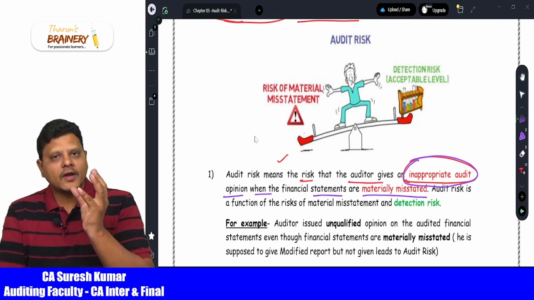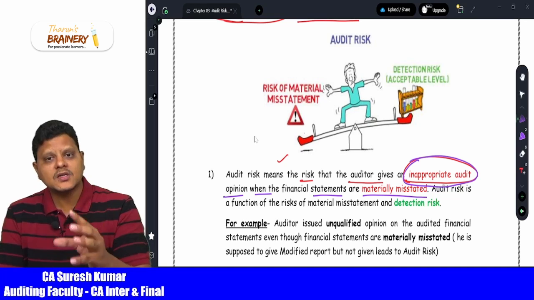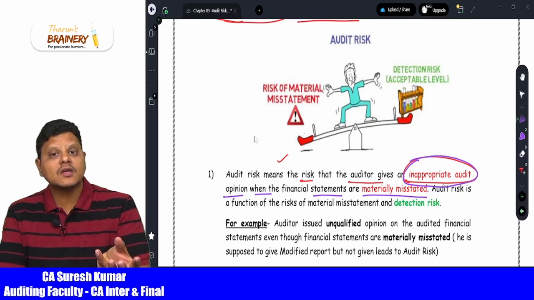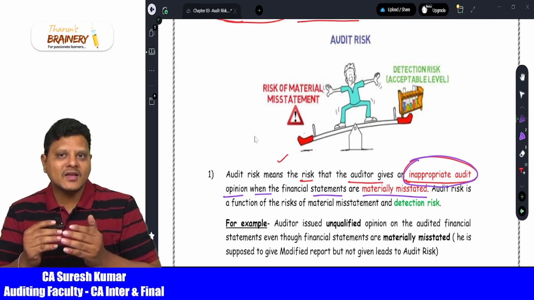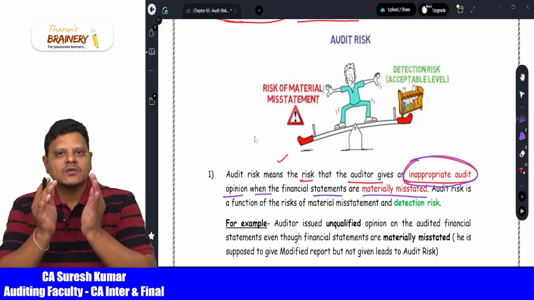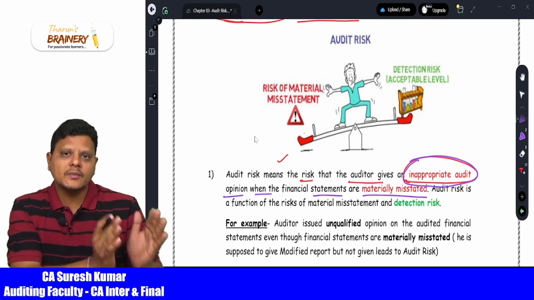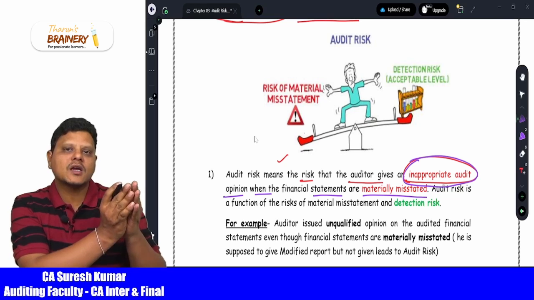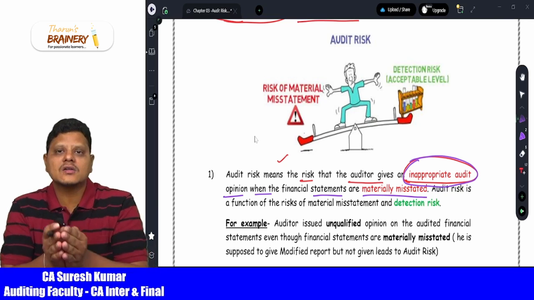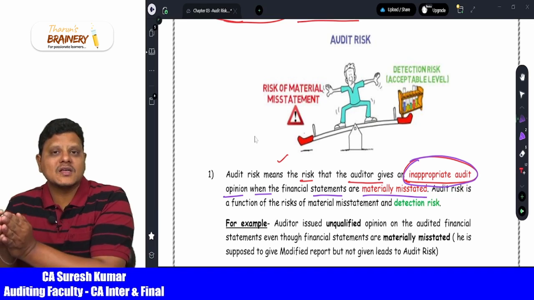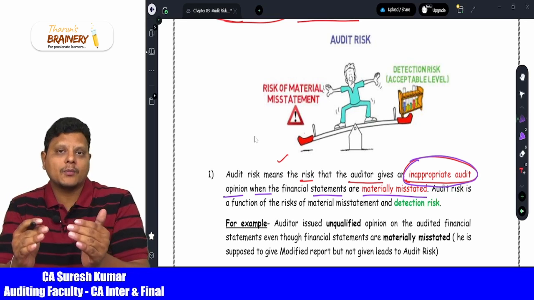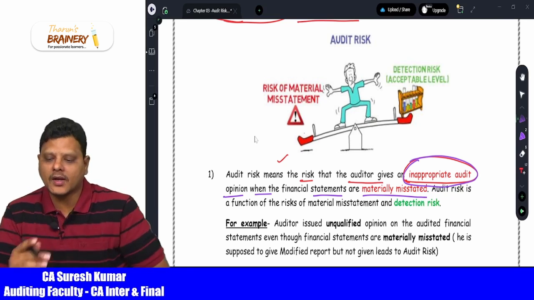When the financial statements are materially misstated, the auditor is supposed to tell that they are materially misstated. But in the given case, the financial statements have errors and frauds, but the auditor says there are none. That means he is giving an inappropriate opinion instead of the proper opinion.